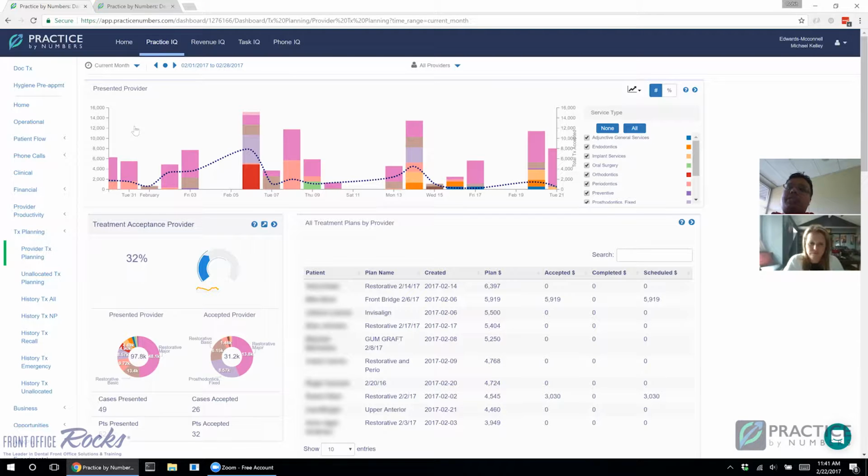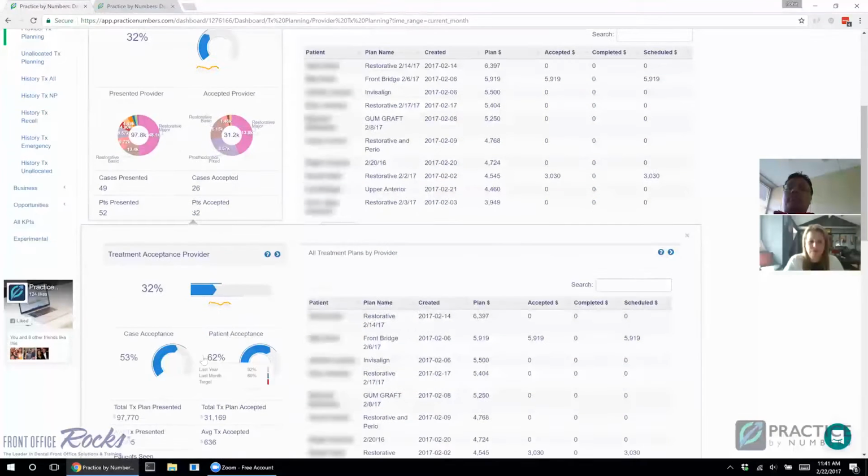Once you establish the baseline, let's say that baseline is 35%, then you make changes and see if you're able to improve both your treatment acceptance and your patient acceptance. You make small changes and you see what's happening. You can make them week by week, or month by month.